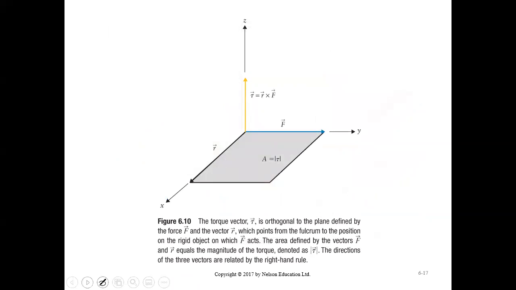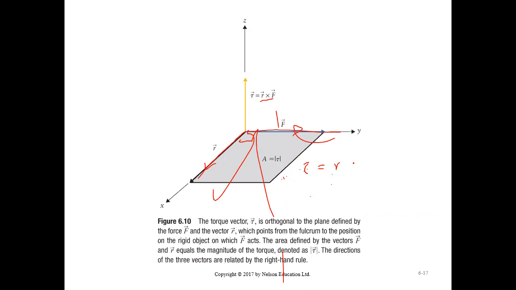Now here we are showing it again on an XY coordinate. Let's say R is along the X-axis and F is along the Y-axis, and the direction of the torque will be along the Z-axis. Now the magnitude of the torque is simply the area, because it is a right angle, so the angle is 90 degrees.